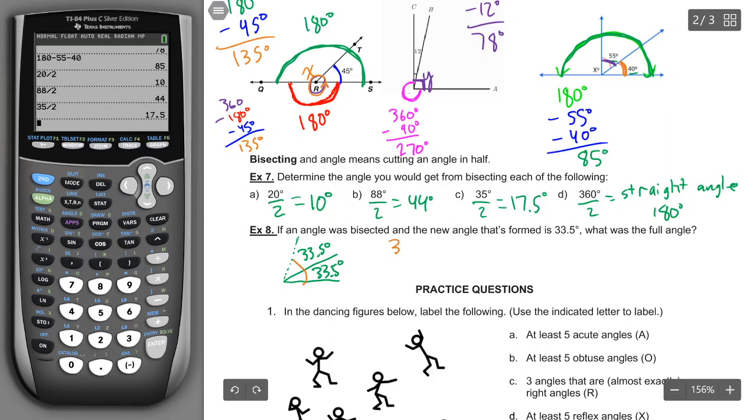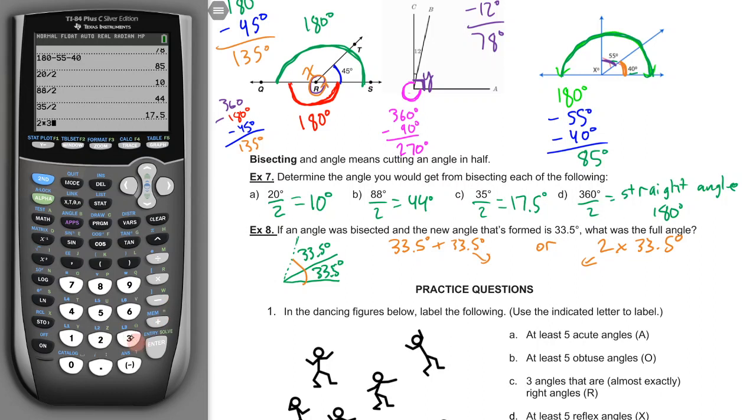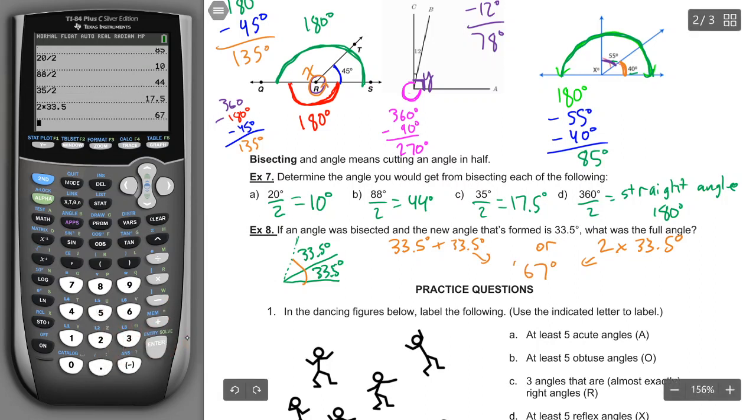So you can think of this as 33.5 plus 33.5 degrees. Or you can think of it as double 33.5 degrees. And either way, you'll get the same answer. 2 times 33.5 is 67 degrees.